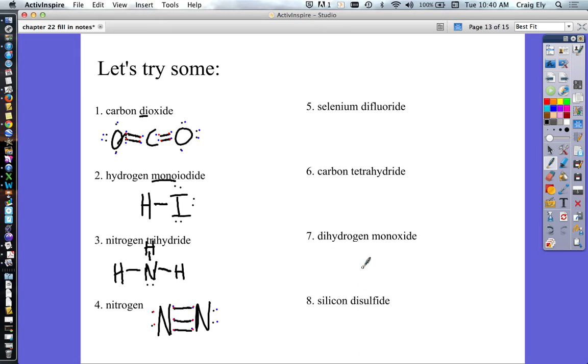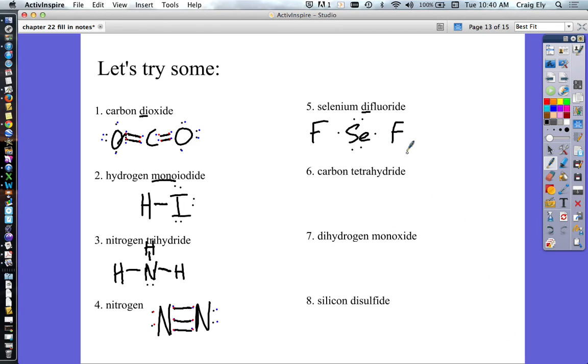Selenium difluoride. Selenium is Se, no prefix, so it's 1 selenium difluoride. That means I have 2 fluorines, so I'm going to do a fluorine here and a fluorine here. Okay? Now, selenium has 6 valence electrons, so I'm going to do 1, 2, 3, 4, 5, 6. Now, you might say, well, how did you know just to put 1 there? Okay?